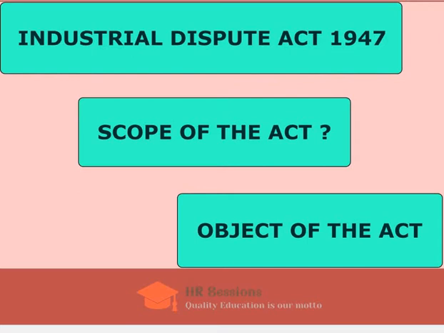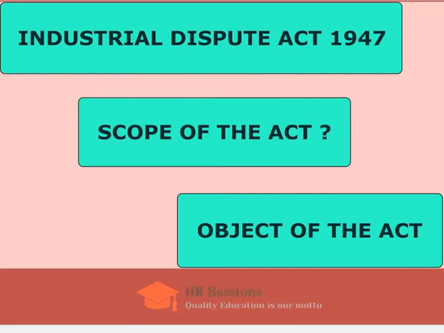It aims to prevent illegal strikes and lockouts, give proper relief in matters of layoff, retrenchment, or any other wrongful dismissal of employees, and ensure workmen the right of collective bargaining and promote conciliation.